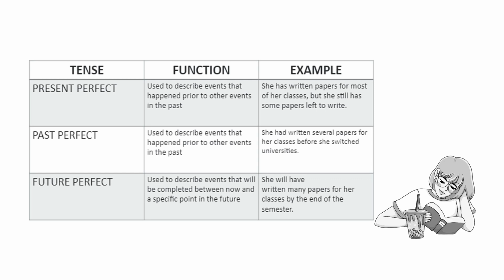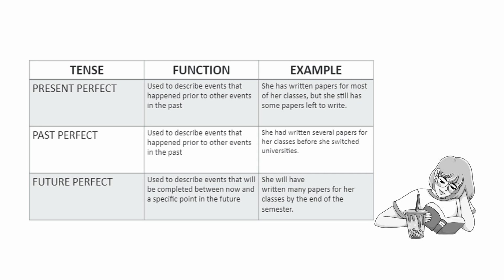Now, to understand this more clearly, let us take an example. She had written several papers for her classes before she switched universities. In this sentence, she is the subject, written is the past participle of the verb, several papers is the object, and the other sentence, she switched universities, is in simple past.